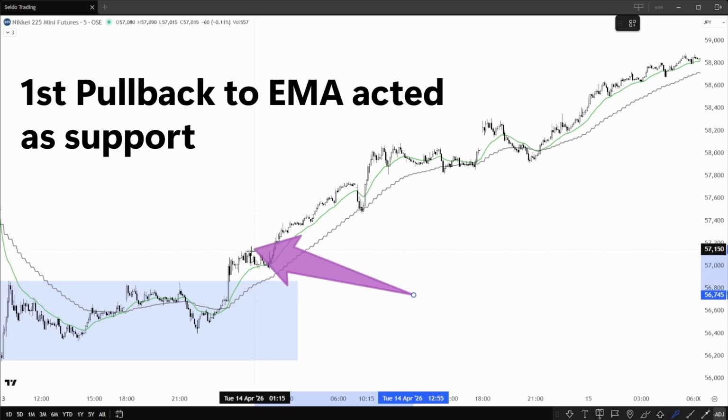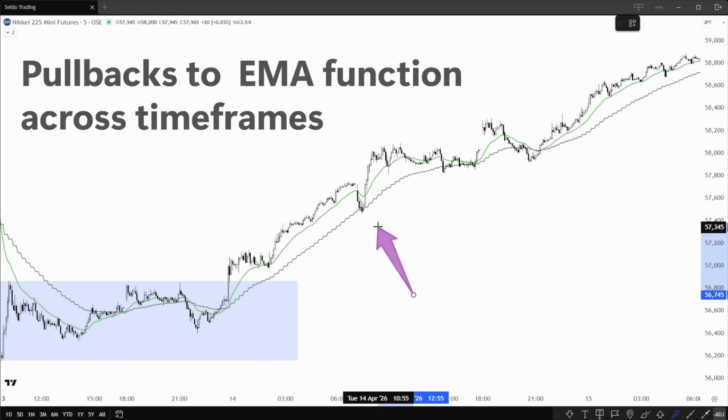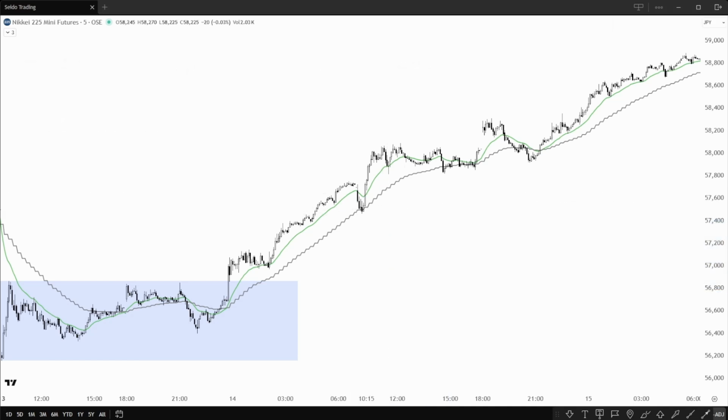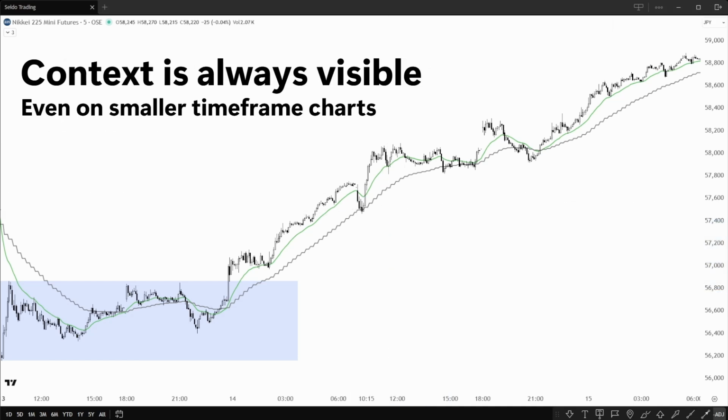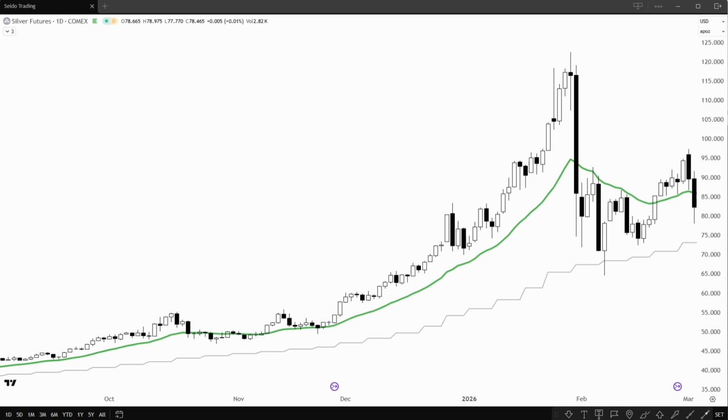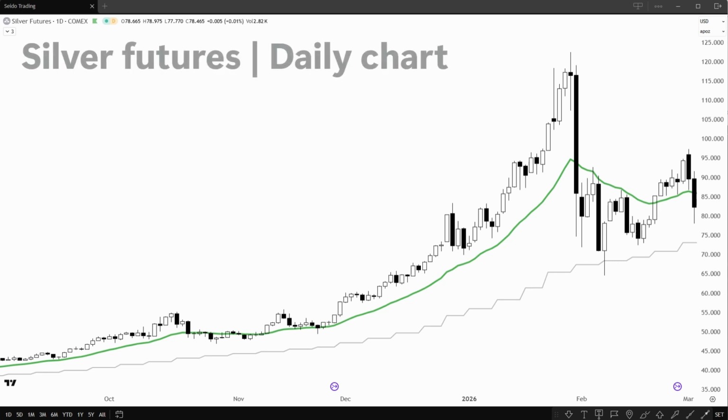So we get an interaction with the 20 period on a 5-minute chart, and then we get an interaction with the 20 period on the 15-minute chart. By combining these moving averages on one chart, the EMAs define trend direction and structure, making it easier to see the broader market context.